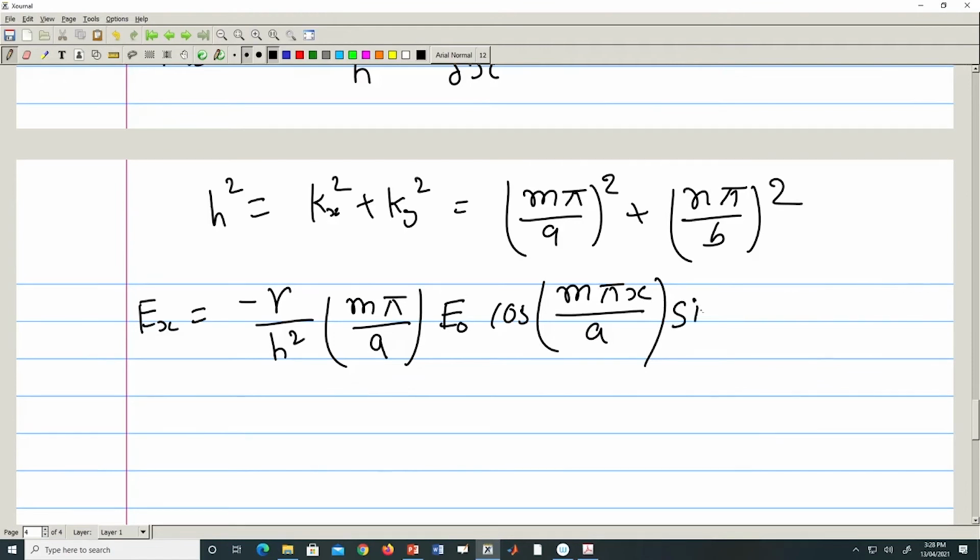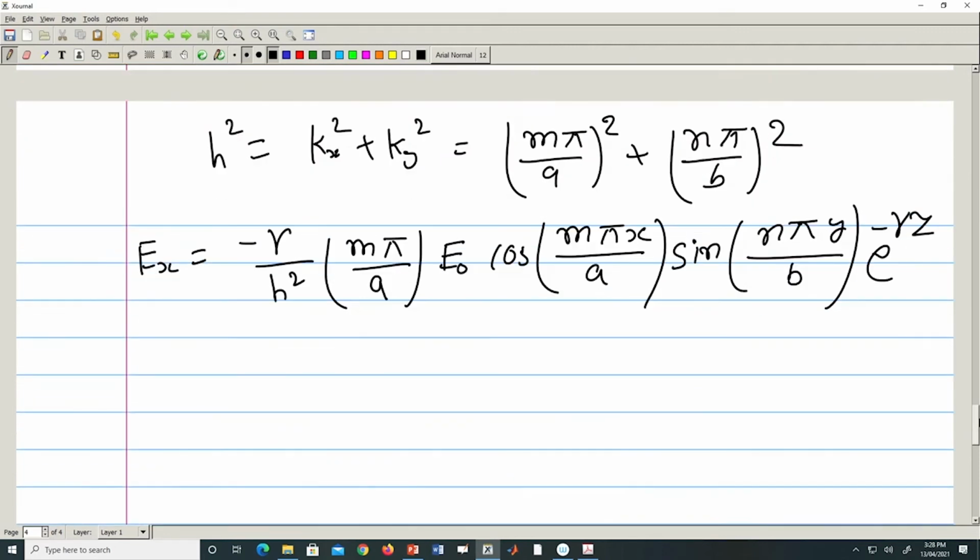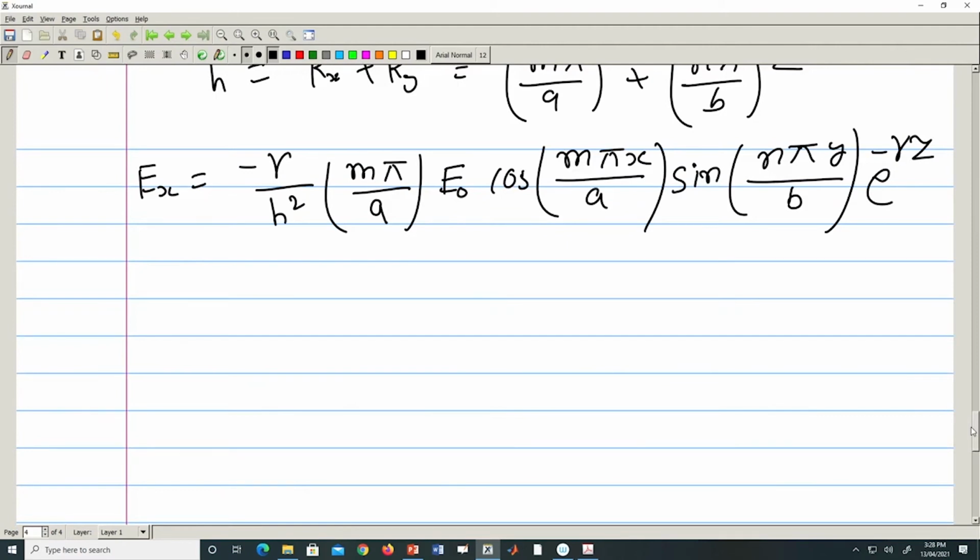Similarly, E y from E z can be written as minus of gamma by h square del of E z upon del y.